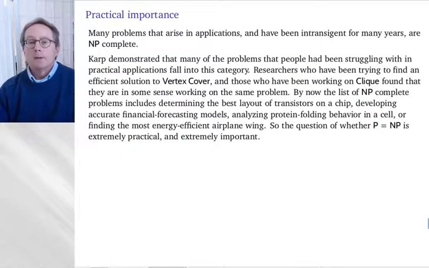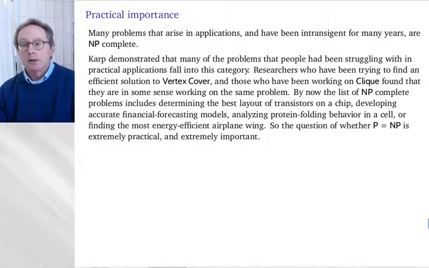So first, practical importance. A person who's in here because they're interested in computing, what's the reason to think so hard about the question of P versus NP? So many problems that arise in applications, and many problems that have been intransigent for many years, are in fact NP complete. In particular, Karp demonstrated that many of the problems that people have been struggling with in practical applications fall into this category.